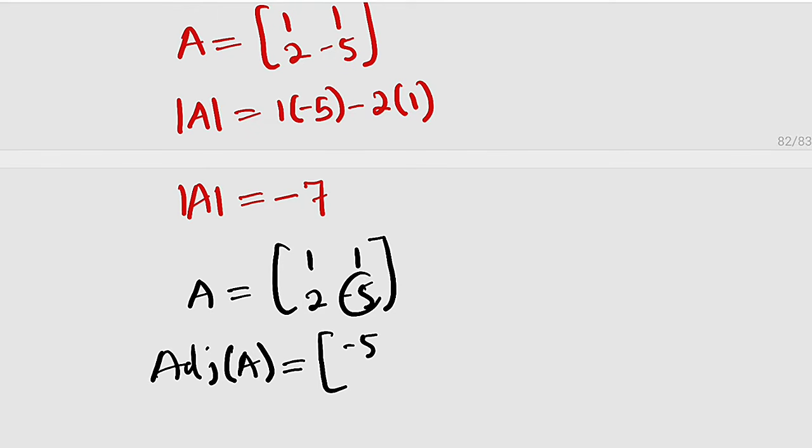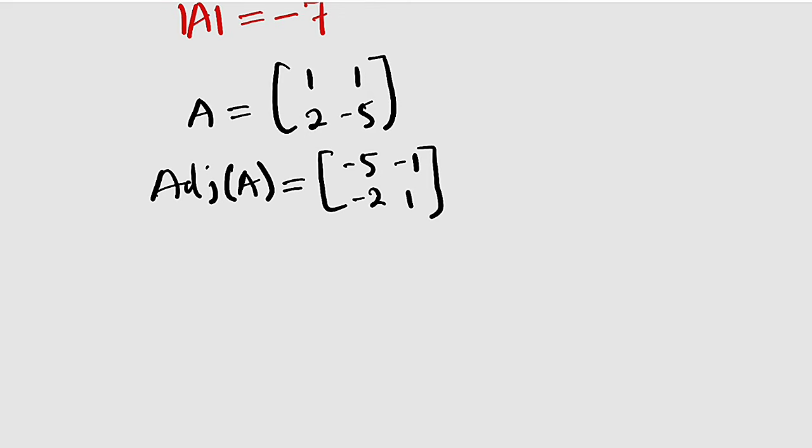Negative 5. If you take this one, you bring it down here. Then take 1 down here. So you have 1 here. Remain these two other elements. Just multiply them by negative 1. This becomes negative 1. This becomes negative 2. So this is said to be the adjoint of the matrix A. And this is only possible when you are dealing with 2 by 2 matrix.